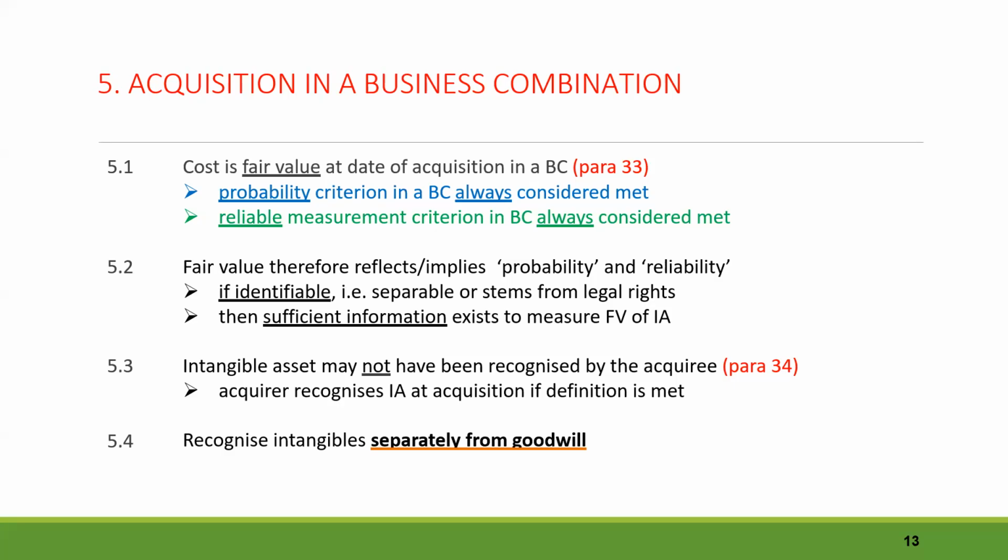So we can measure the cost reliably, and the probability of future economic benefits, we purchased it, they were able to sell it to another company. So the fact that the acquirer purchased it shows us that there is a probability of future economic benefit. Okay? And then again, with regards to the measurement, as I just mentioned, it has to be in line with IFRS 3 at the fair value at acquisition date.